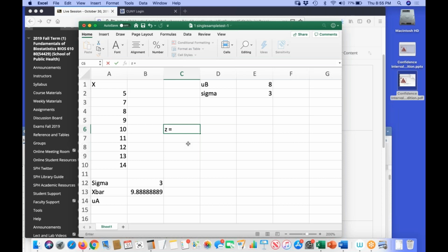The number of standard errors apart that these two values are is equal to the mean for group A minus the mean for group B, put that together and divide that by the standard error.